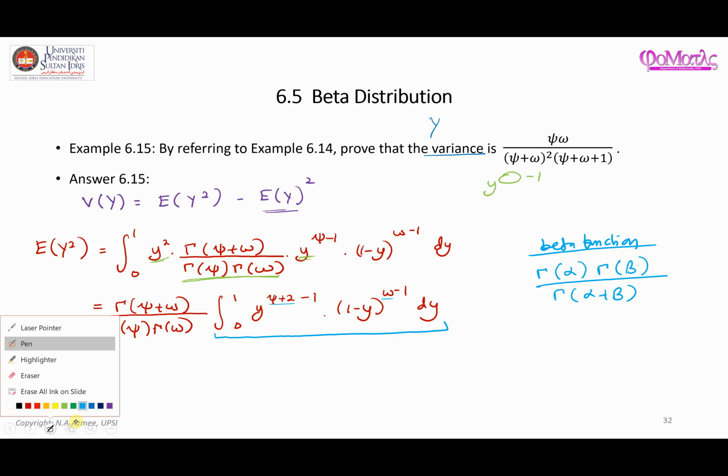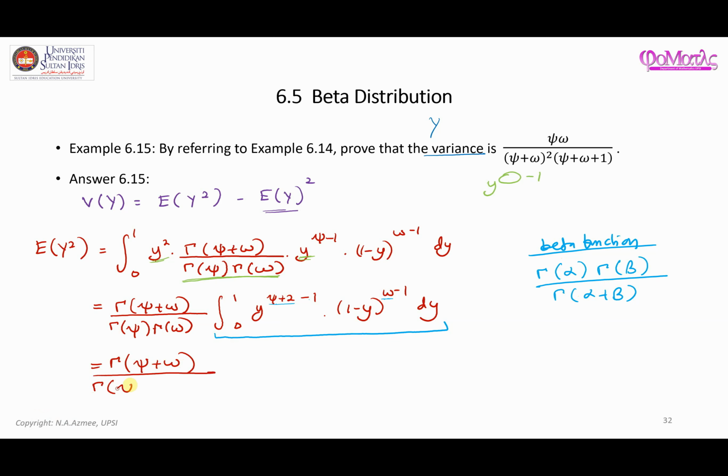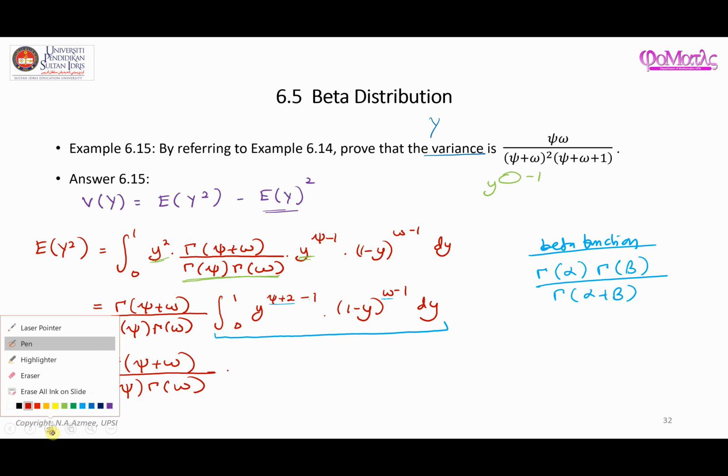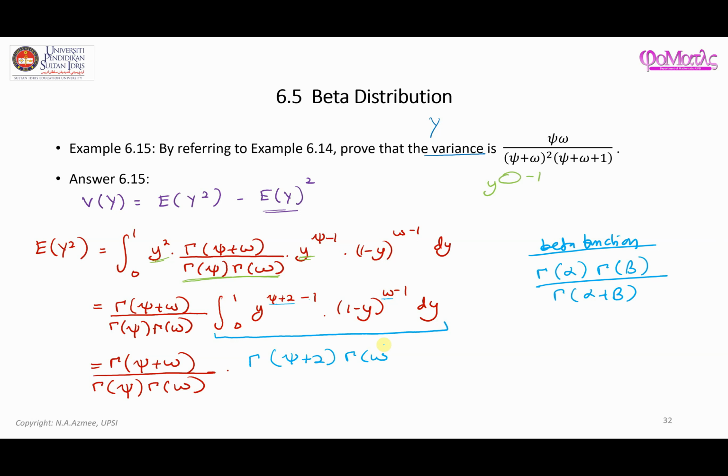Okay, so I'm going to write the result now. Here we have gamma function of psi plus omega, gamma function of psi, and then for that part here we will have gamma, here is alpha, so we have psi plus 2, and then we have gamma omega, and at the bottom you will add these two items here, so we have psi plus 2 plus omega.